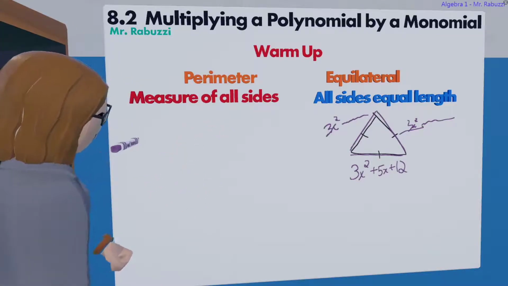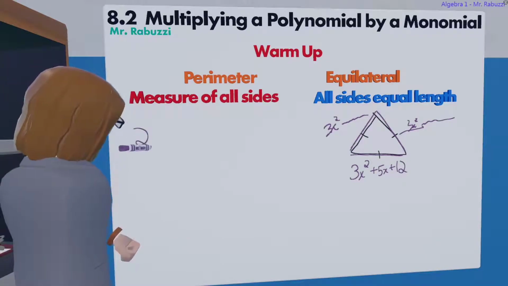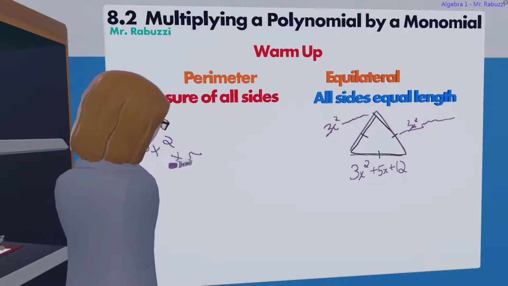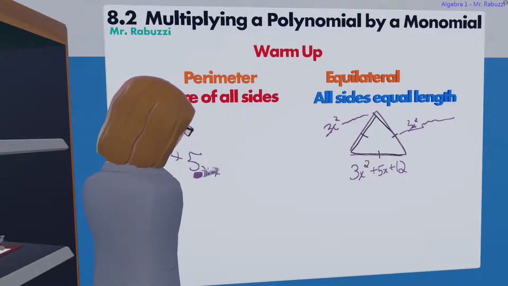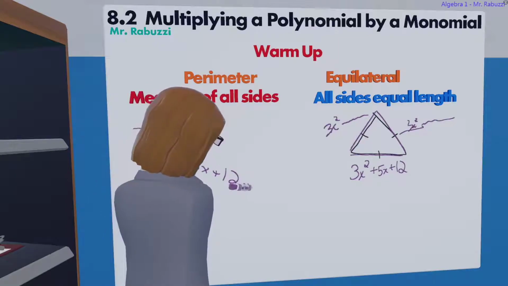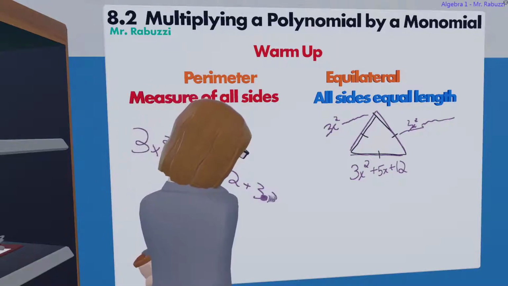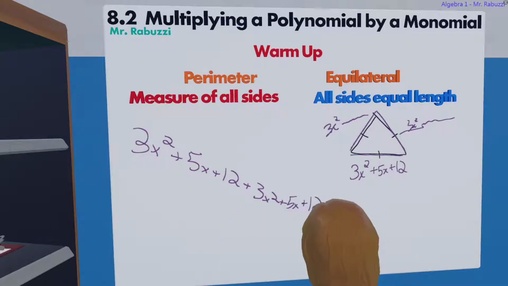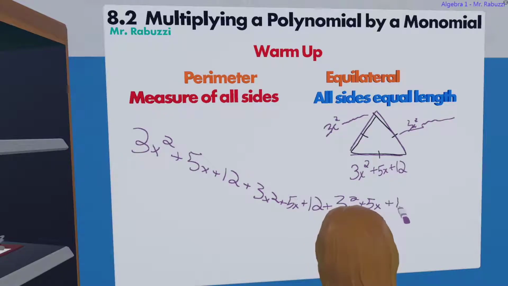And if we add them all up, like we did with the rectangles before. So one side is 3x squared plus 5x plus 12. I'm going to run out of space here. Plus 3x squared plus 5x plus 12, this is the second side, plus 3x squared plus 5x plus 12.